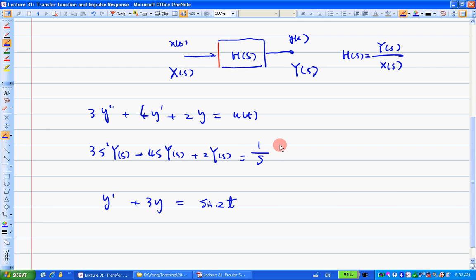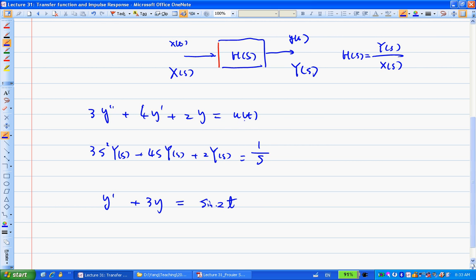But in this particular case, this is what you do when you take a Laplace transform. However, when I'm looking for the transfer function, it does not depend on this X of s. Look at this transfer function. It's just the ratio between Y of s and X of s. So where does X of s come from? X of s comes from x of t.